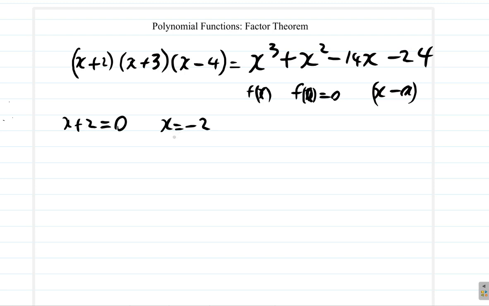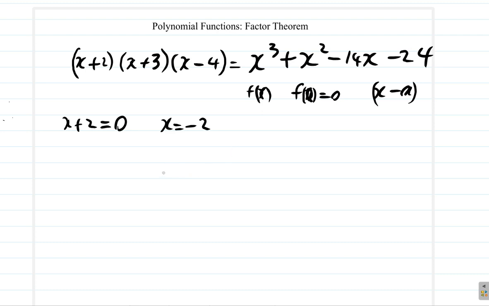So here, if x plus 2 is 0, this would mean 0 times x plus 3 times x minus 4, and 0 times anything gives you 0. Now, if we put x equal negative 2 in here, then we should get 0.